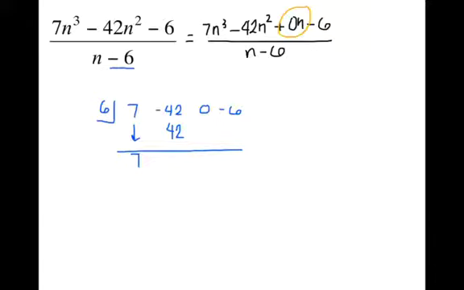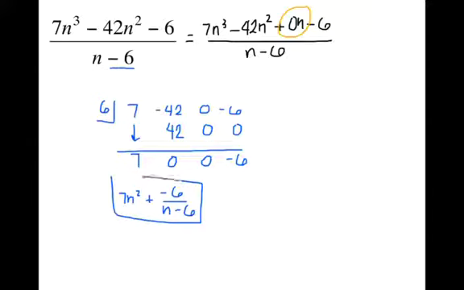Negative 42 plus 42 is 0. 6 times 0 is 0. 0 plus 0 is 0. 6 times 0 is 0. Negative 6 plus 0 is negative 6. So when I write my answer out, I started at n to the 3, so my answer is going to be 7n to the 2 plus 0n plus 0 with the remainder of negative 6. And so this is my answer.